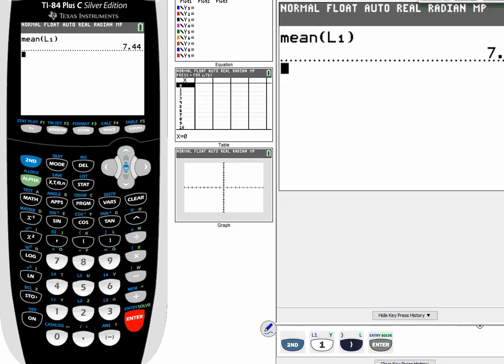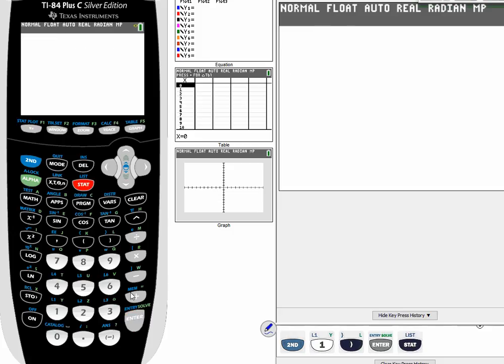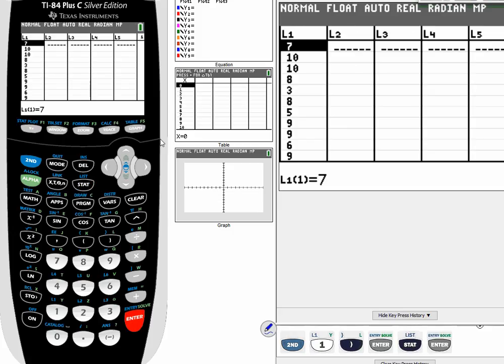So go to stat and edit. And in that list 2, I want you to look at the calculator on the screen right now. Do you see where I'm ready to enter something? I'm going to go all the way up to L2, and then down here it should say L2 equals. And then I'm just going to type in list 1, because that's where I'm getting my x values, minus the mean.